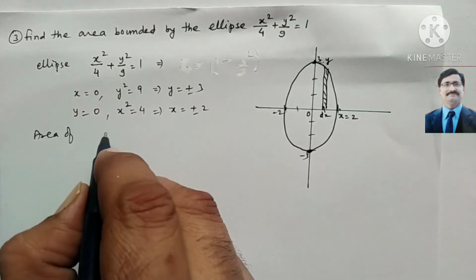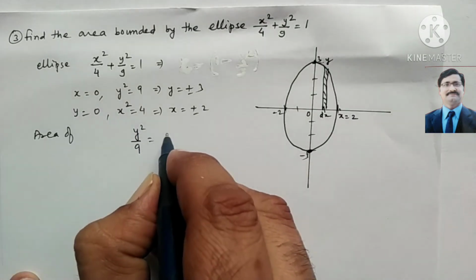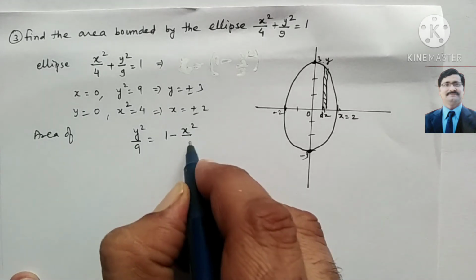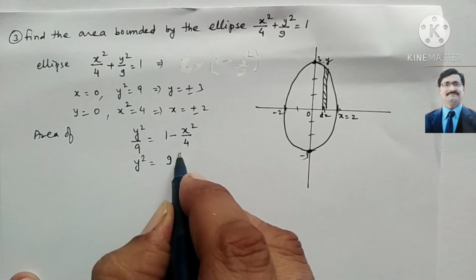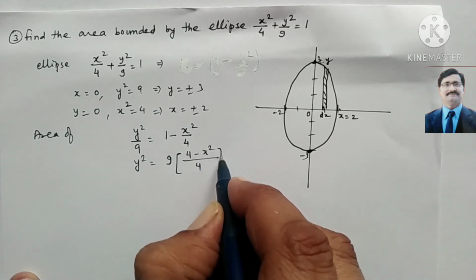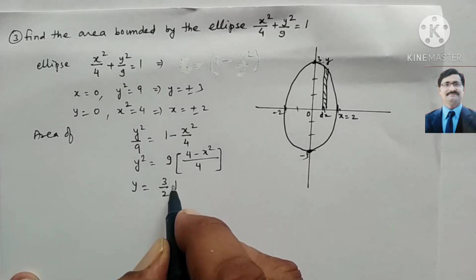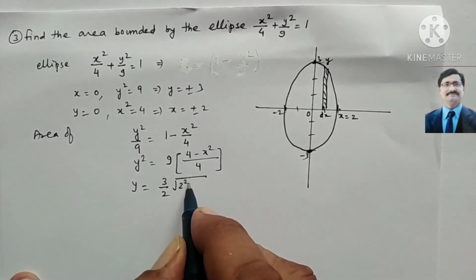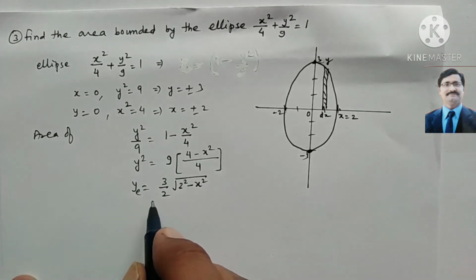So y square upon 9 we can write 1 minus x square upon 4, and here y square we can write 9, and here we take LCM. LCM is 4, so 4 minus x square. Now y we can write 3 by 2 root 2 square minus x square. Okay, this is y of the ellipse.